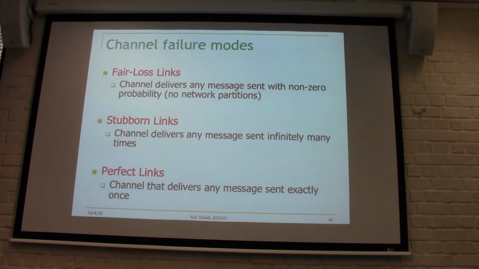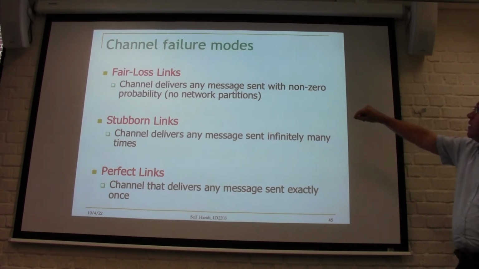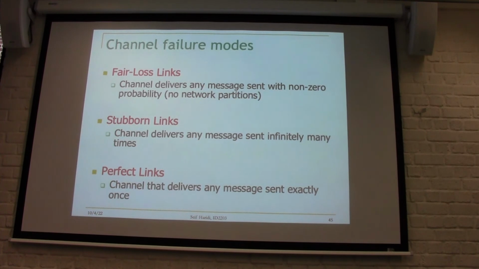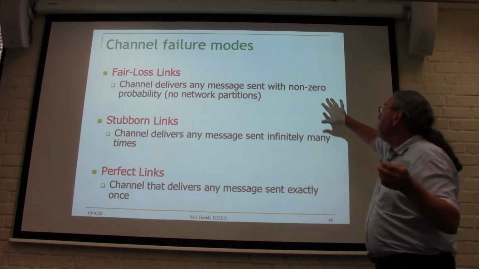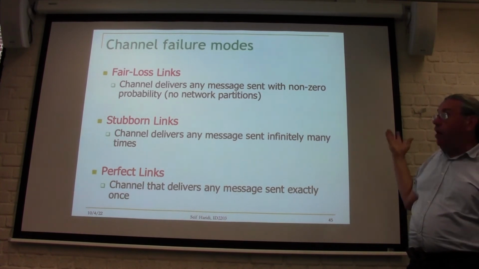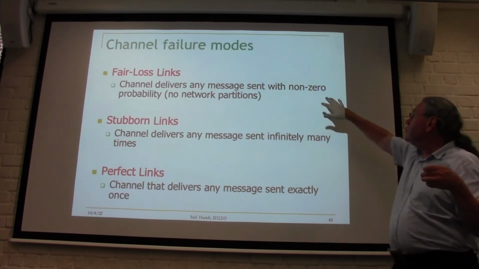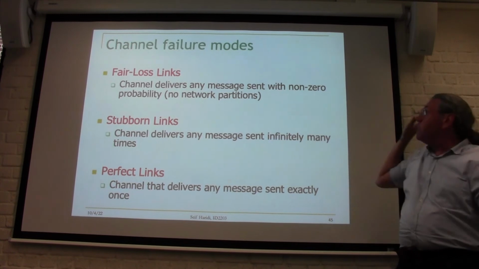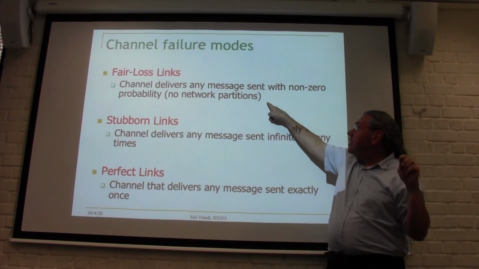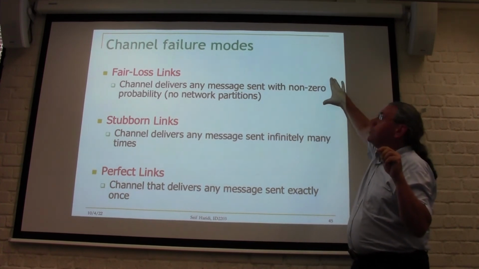Well, the simplest kind of failure is when the message goes through the network, it arrives with some probability, 80% of the time. And it may fluctuate in time also. Sometimes you may have a lot of loss, sometimes you have less loss. There's a certain chance that the message just disappears.